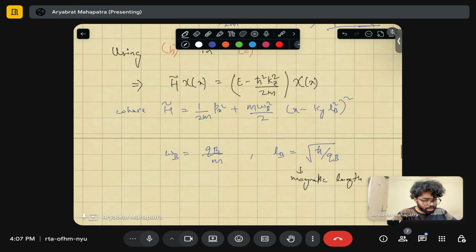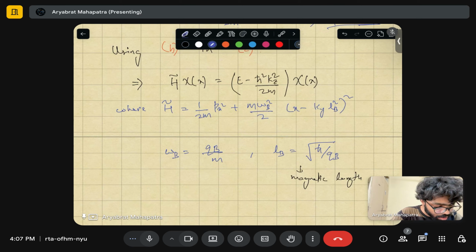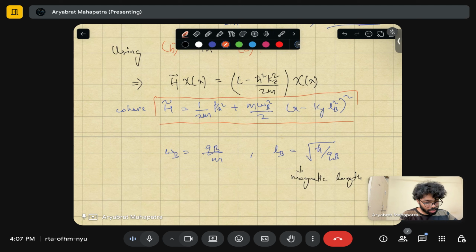Now you can see this h tilde looks like a harmonic oscillator Hamiltonian. Like you have px square over 2m and half m omega square x square. Then you can see this is something like a shifted harmonic oscillator.